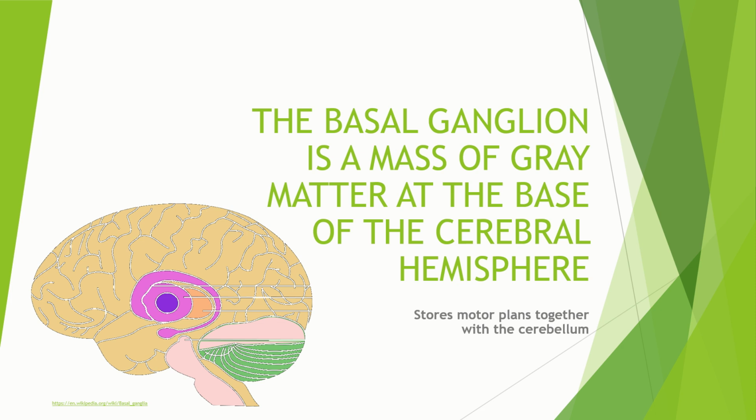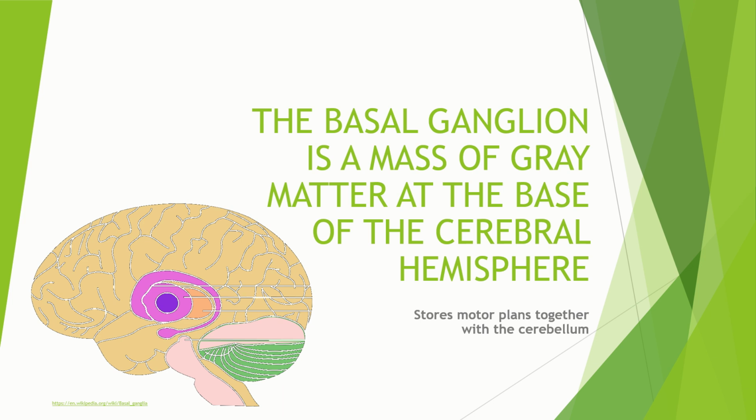The basal ganglion is a mass of gray matter at the base of the cerebral hemisphere. While it does not have any known direct connection with the spinal cord, it is known to have an influence on the corticospinal tract, and thus it is said to have control over movement.